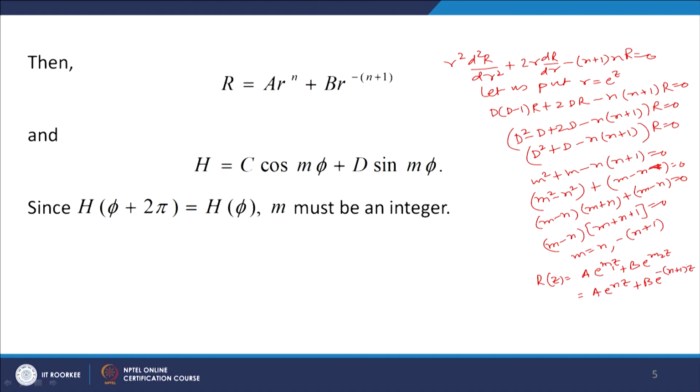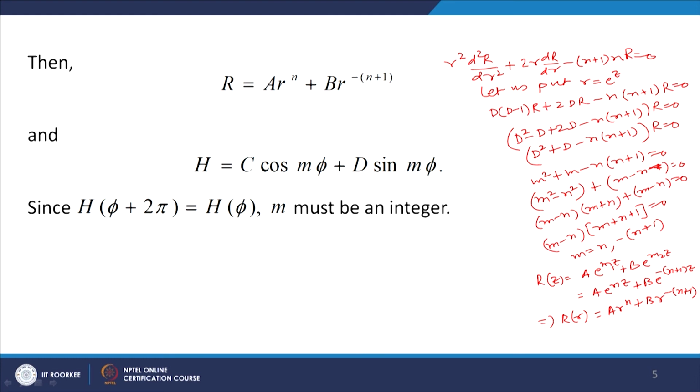Now, e to the power z is equal to r. Okay. So, this implies replacing z by r, we get a r to the power n plus b r to the power minus n plus 1. So, this is how we get the value of r.